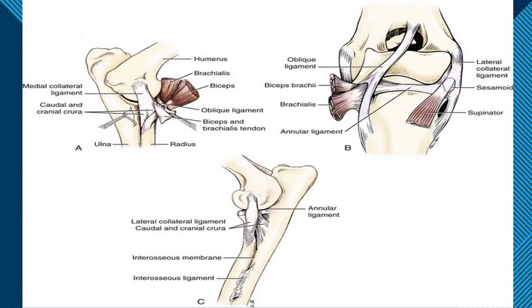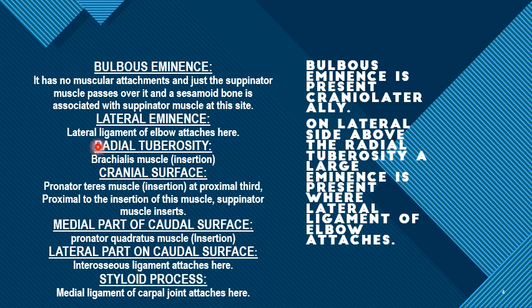Now let's discuss the muscular attachments of other parts of radius bone. If we talk about the radial tuberosity, only the brachialis muscle inserts at the radial tuberosity, which, as you know, is present medially. So at this radial tuberosity this muscle is present.